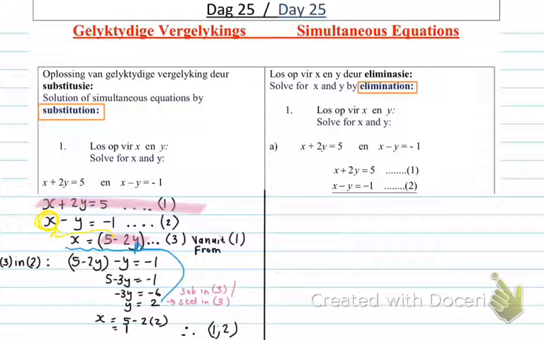So here we go. In this method we write the equations underneath one another like this. And then we find something that will be easy to eliminate.